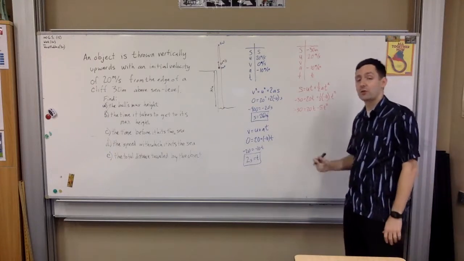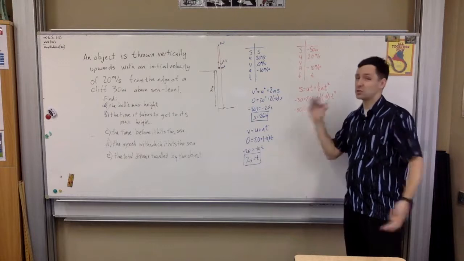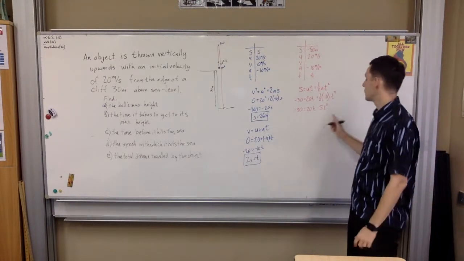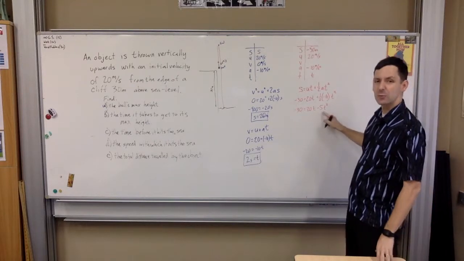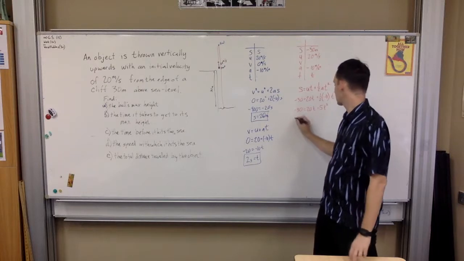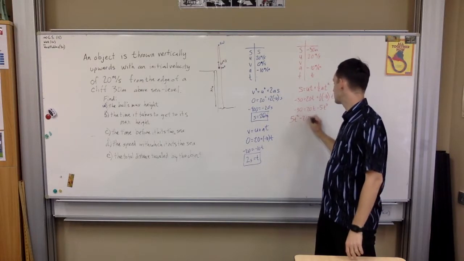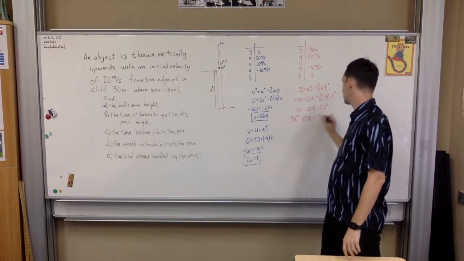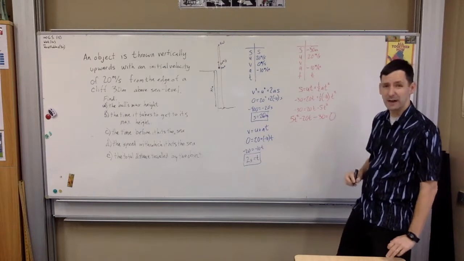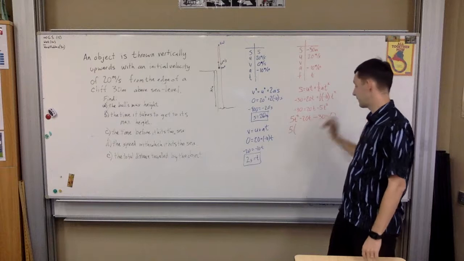So how do I solve for a quadratic? Well, I got to get the quadratic equal to 0, and then I can factor. I can use quadratic formula. I can use my calculator and do whatever I want at that point. Okay? So I'm going to move everything over to the left-hand side because I really don't like this negative right here. So I'm going to add the 5t, subtract the 20t. So I'm going to have 5t squared minus 20t minus 30 is equal to 0. To simplify, I'm going to divide everything by 5.